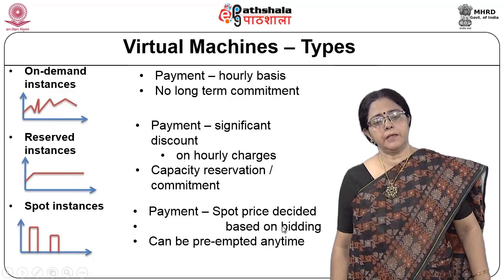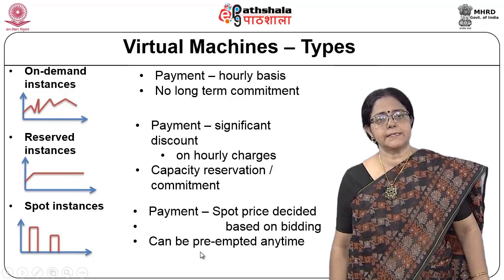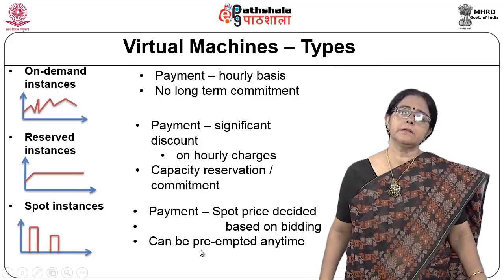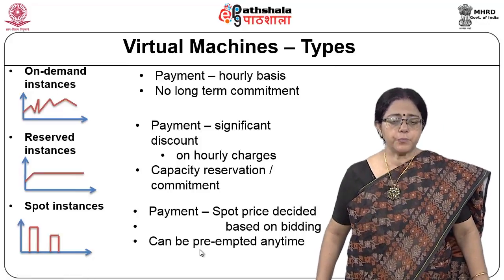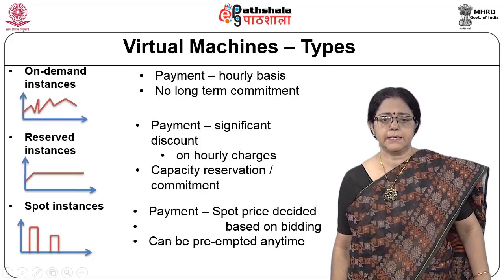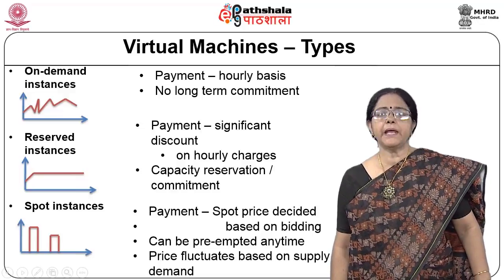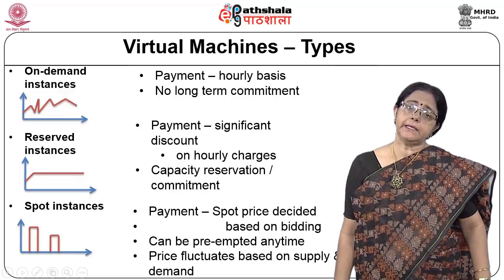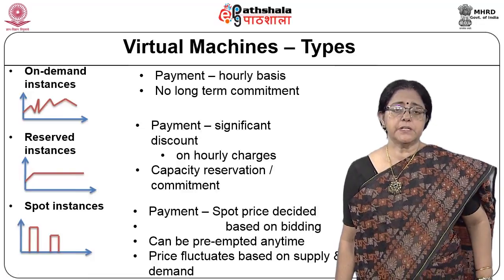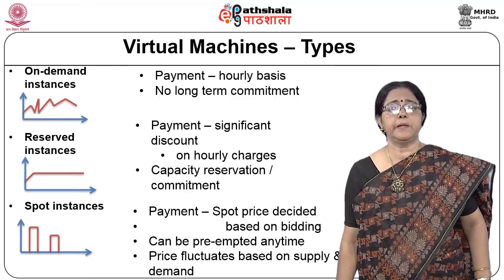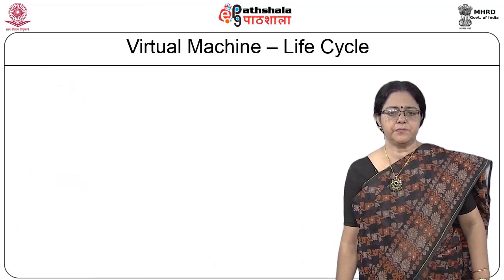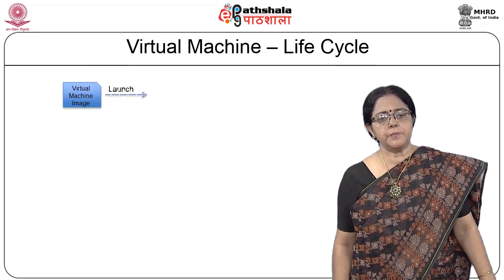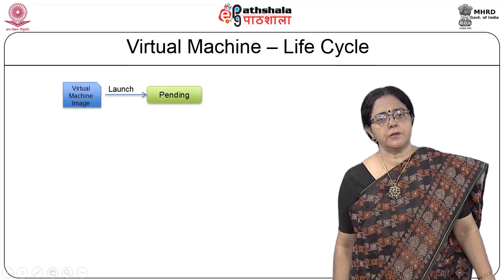The problem of using this kind of spot instance is that the provider reserves the right to preempt a service at any point in time. The price is typically auctioned, the spot instances will be auctioned and the best bidder will be given a specific instance. So, these are the possible options for virtual machines.